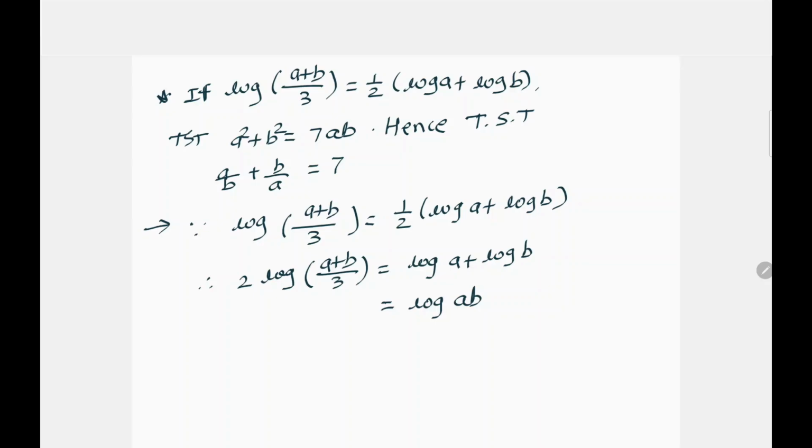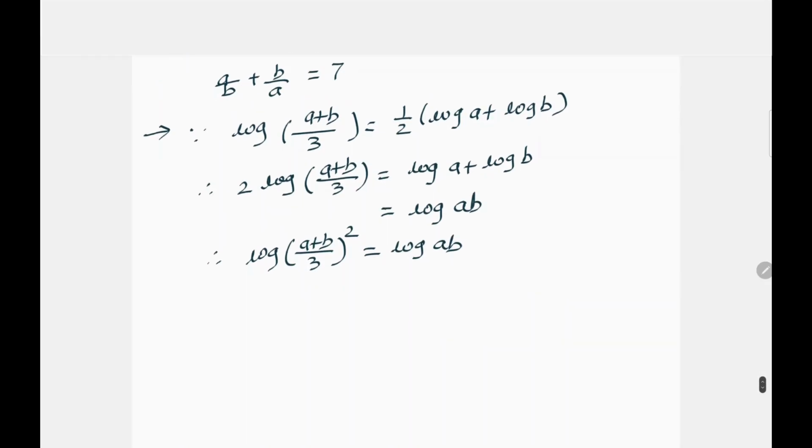So here we get log AB. It means here we can use power law. So this becomes log of A plus B upon 3 whole square is equal to log AB. On both sides log will cancel.